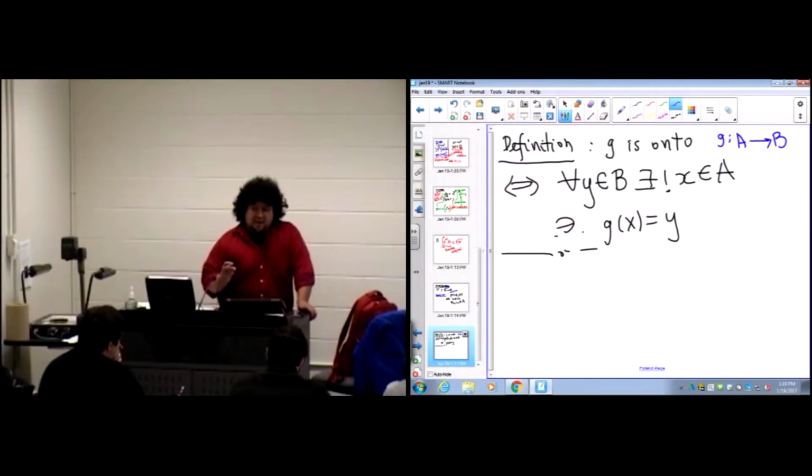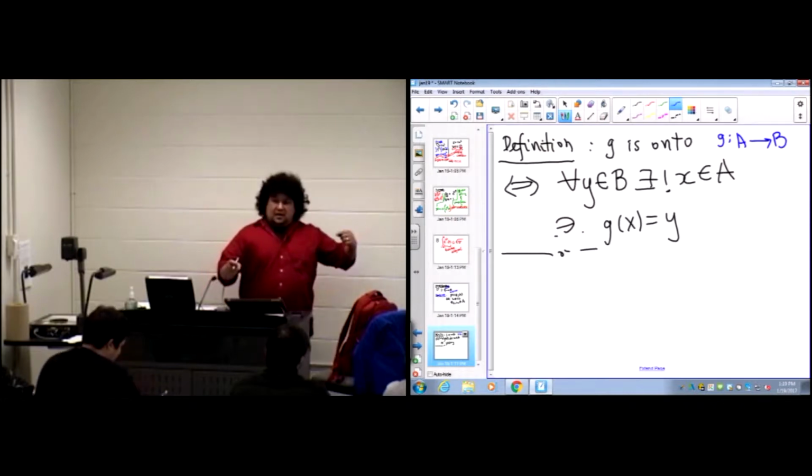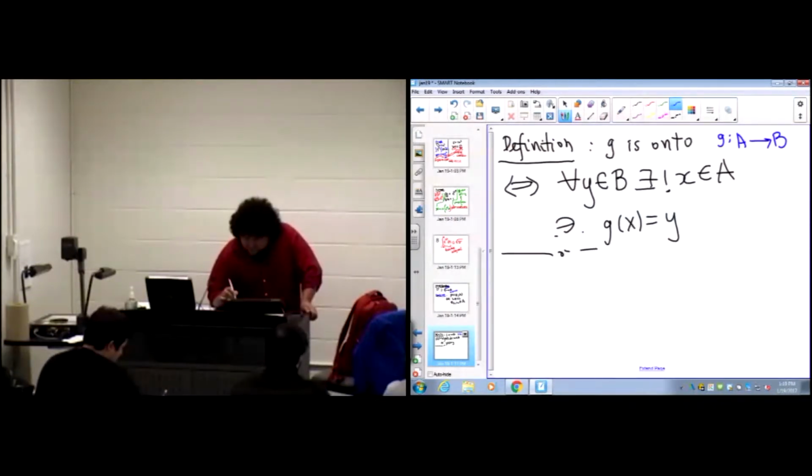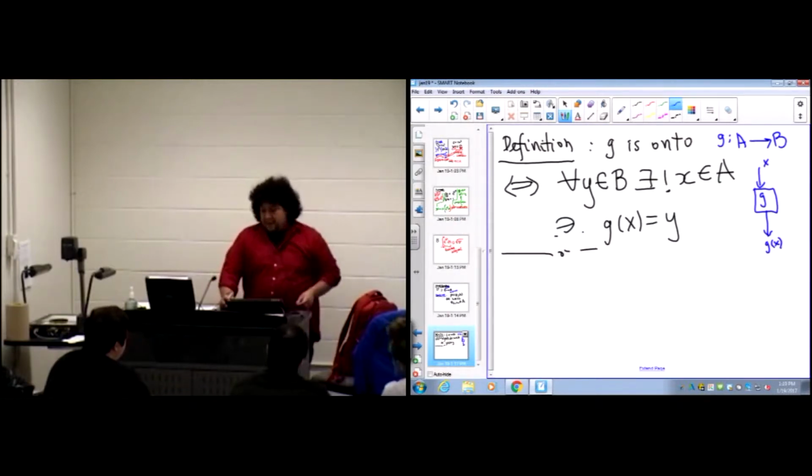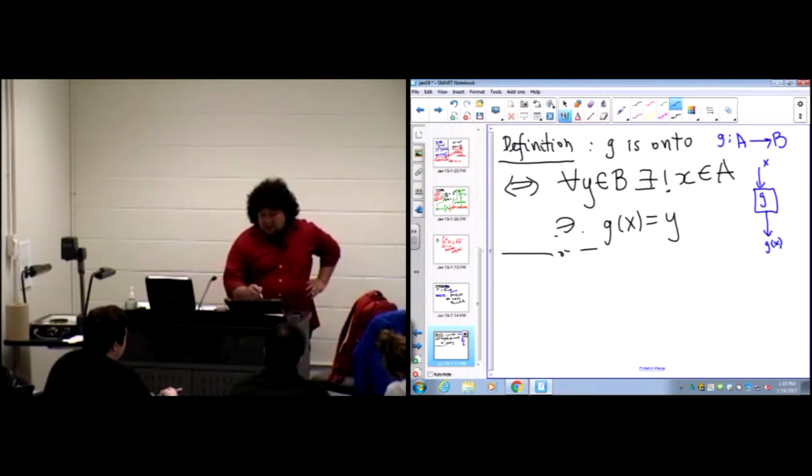And then, if this function has this property, you will find that that member of the codomain has, and also remember the diagram I did before. There was an arrow going into a box where g is, and then there is an arrow coming out, right? So here comes x, and here is the evaluation. That's the output, right? g of x lives in the codomain, it lives in B.